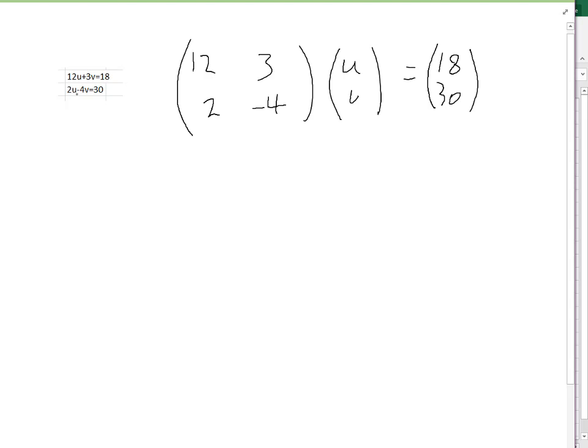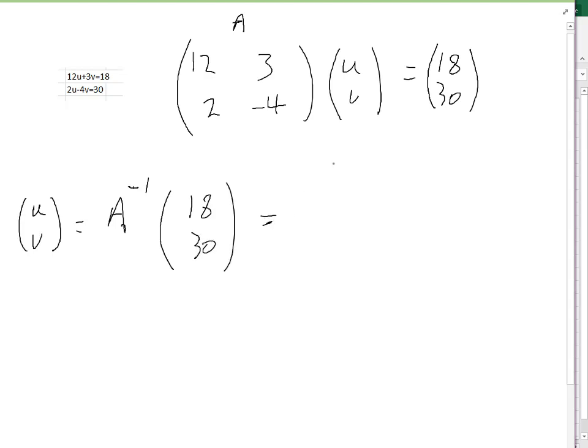So 12, 3, 2, negative 4 is 18, 30. To solve it by an inverse matrix, if this is matrix A, then U V is going to be the inverse of matrix A times 18 over 30. For the inverse of matrix A, I'm going to need the determinant of A.